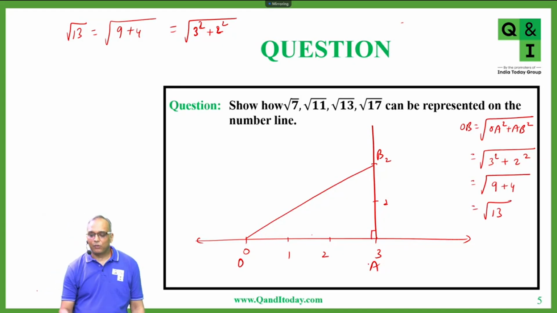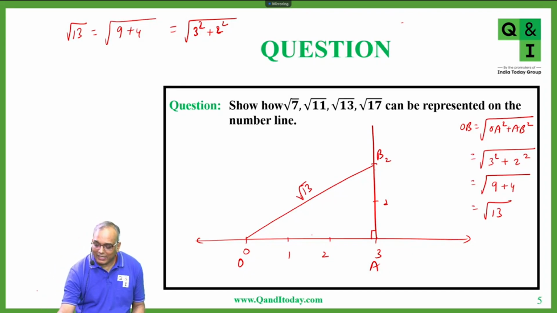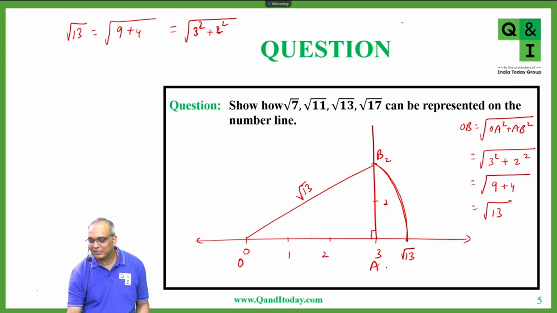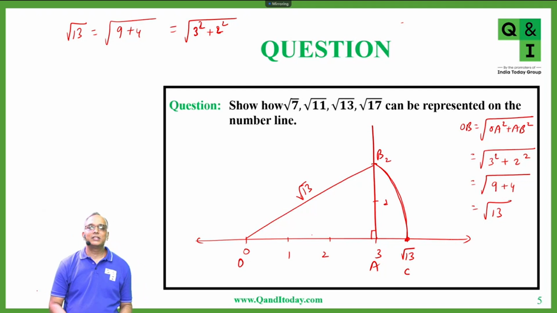So once you have got the hypotenuse as root 13, we will draw an arc basically. This arc comes and cuts the horizontal number line at this point C, and this point is root 13. Is it clear? Plotting of root 13 on a number line.